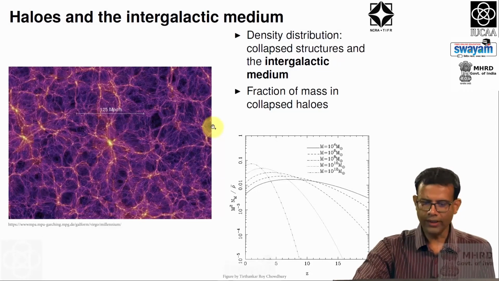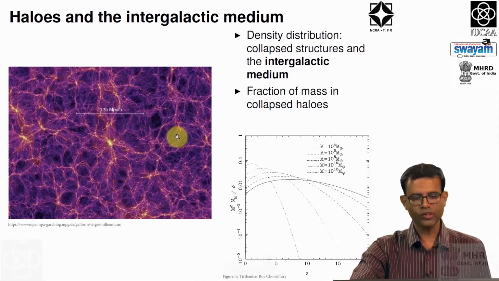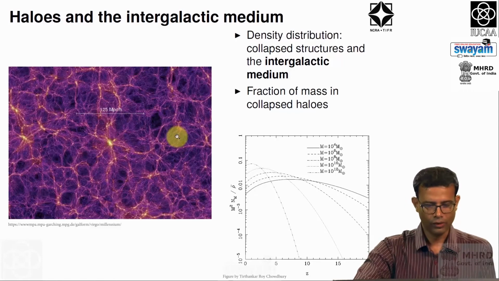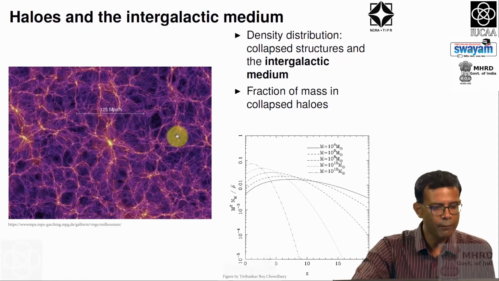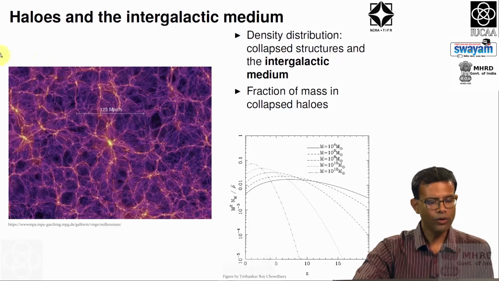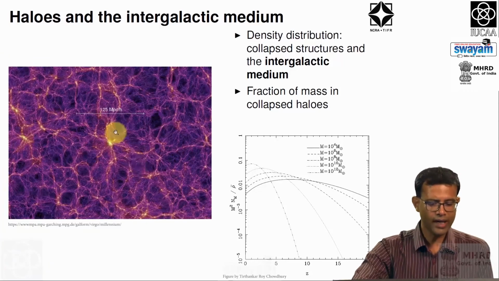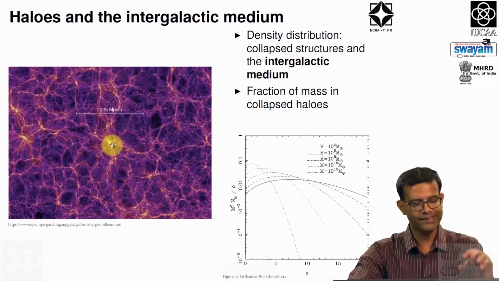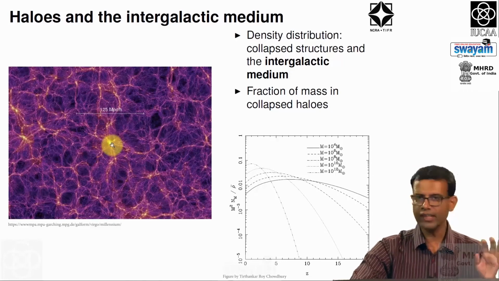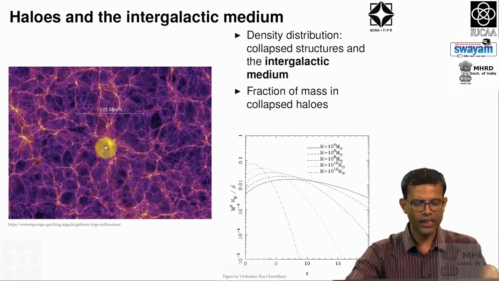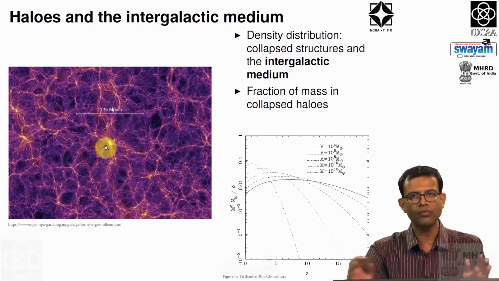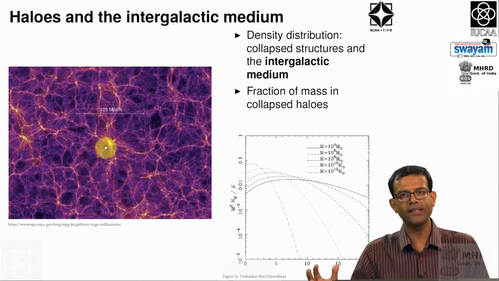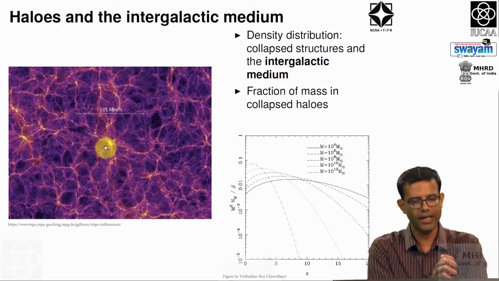Now, is this all about the cosmic structures? Can we do a bit more? In fact, if you look at the simulations, what you see is there are these dense structures. In the spherical collapse language, these are structures which were initially expanding with the universe, then they turned around and collapsed and became very dense.